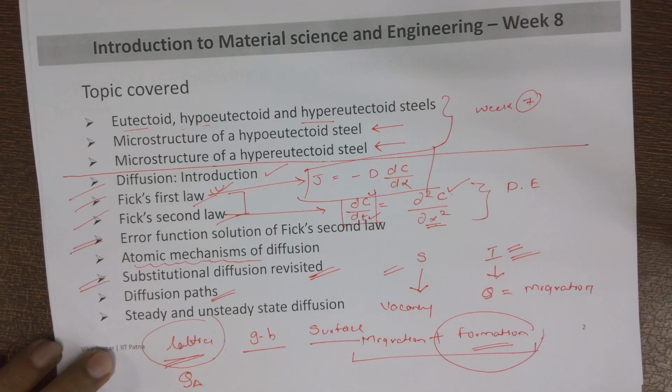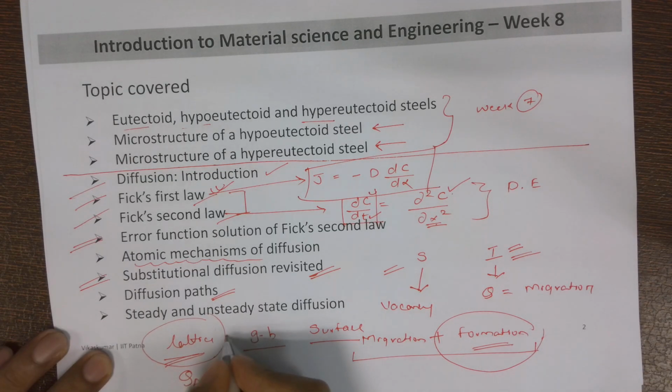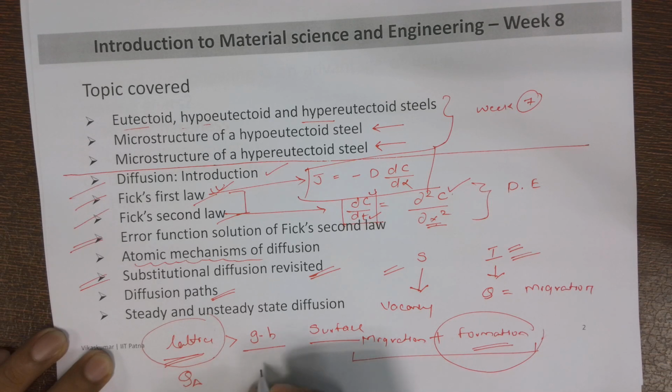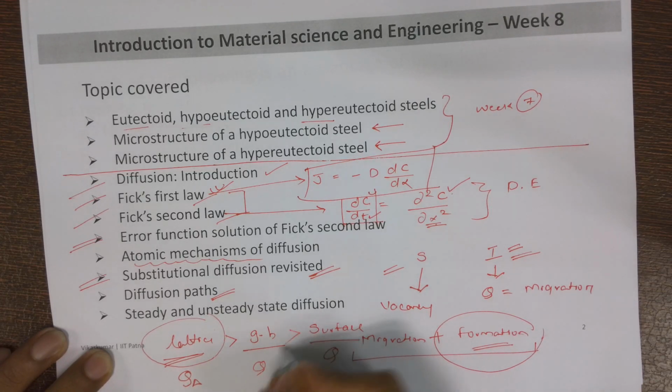To facilitate diffusion through the lattice, it will require more temperature because the activation energy is high. For the grain boundary, the activation energy will be lower than in the lattice, and for the surface it will be even lower.